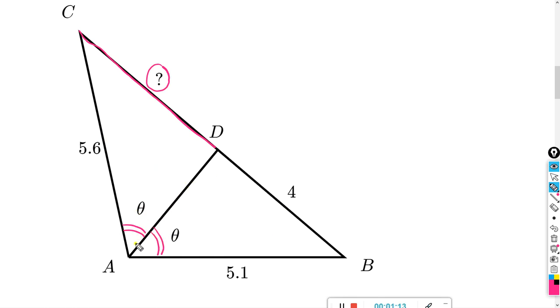So basically, we're going to ignore the side that's shared by both triangles. Just ignore that side, and we're going to set up 2 fractions. For this triangle here, we're going to do 5.6 divided by the question mark.